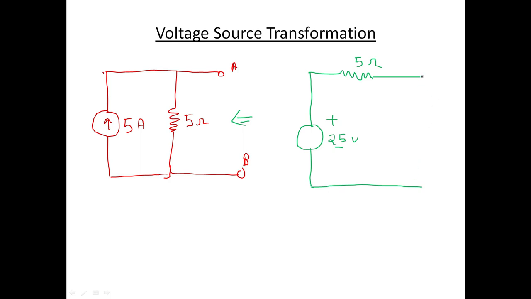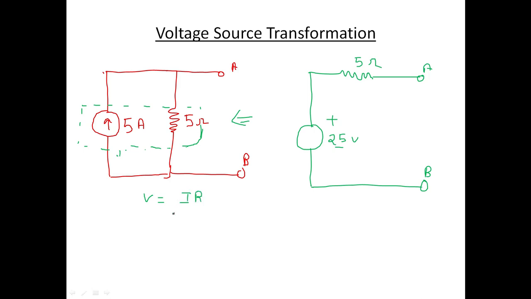This is the point A and this is our point B. So from voltage source transformation, this is converted into a single equivalent circuit where V is equal to IR.